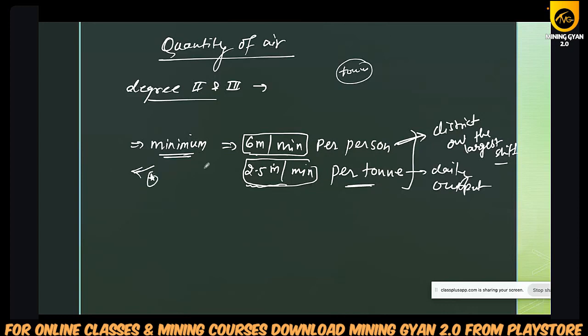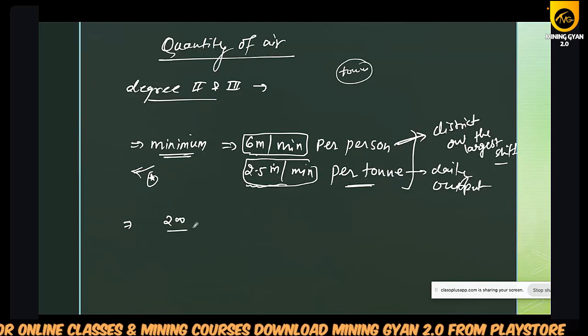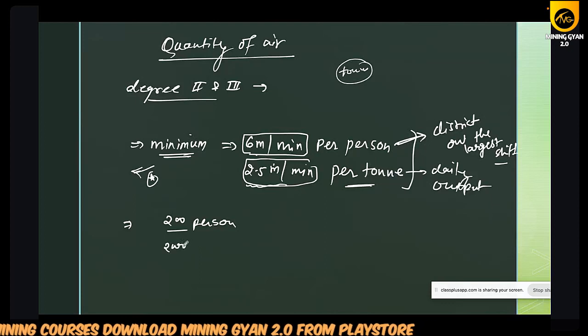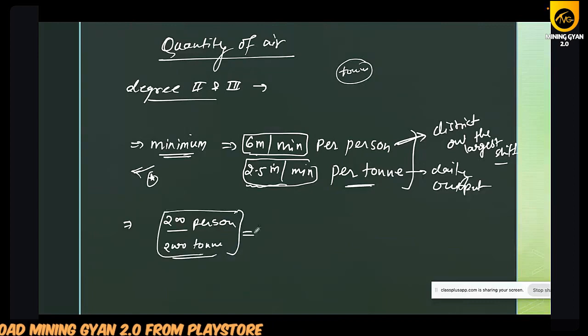We will see a lot of questions and how to deal with them, but just remember that for person calculation we use 6 meter per minute, and per ton we consider 2.5. Like they will ask, 200 people are working and you are producing 2000 tons in a day, then find out how much air you will need. So just remember how we will calculate it.